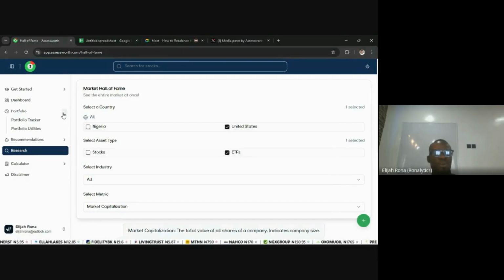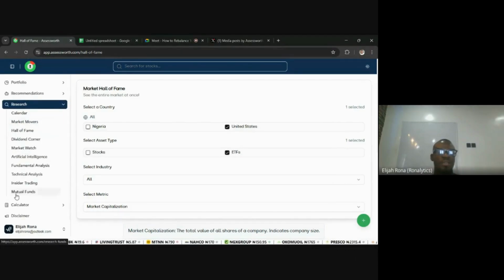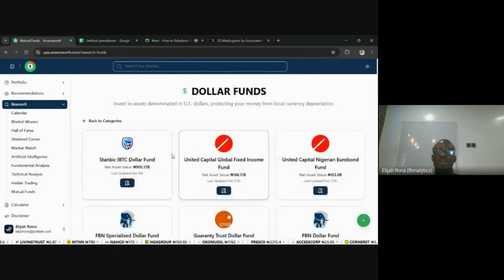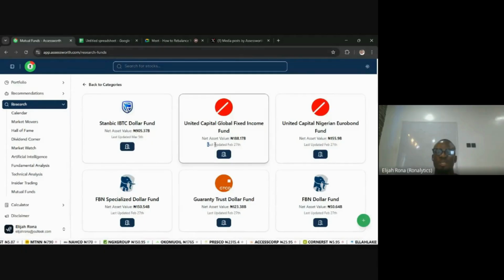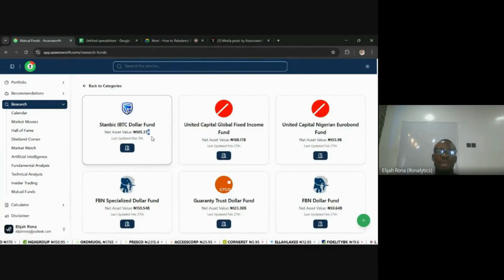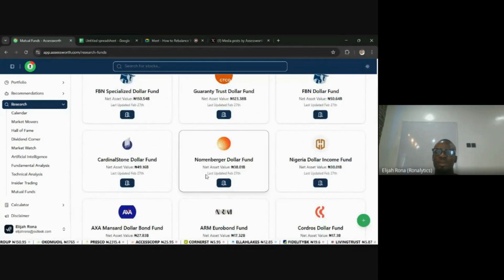Now for the mutual funds, come to research here, then see mutual funds. Select any one, so maybe dollar funds. Last updated February 27th, this one last updated March 5th. This dollar fund was last updated February 27th. So what happens here is that if you are tracking a mutual fund in your portfolio, the figures may not be exactly real time.